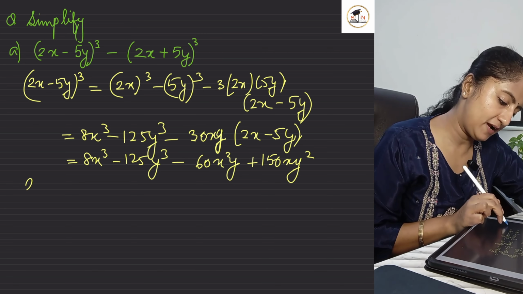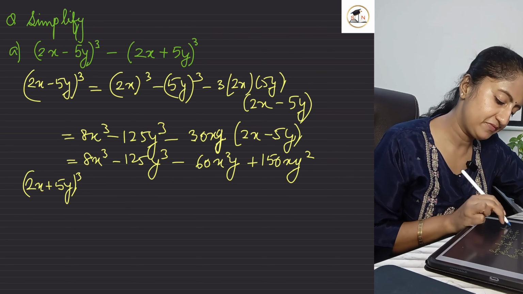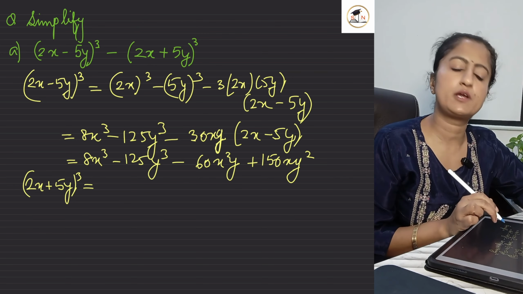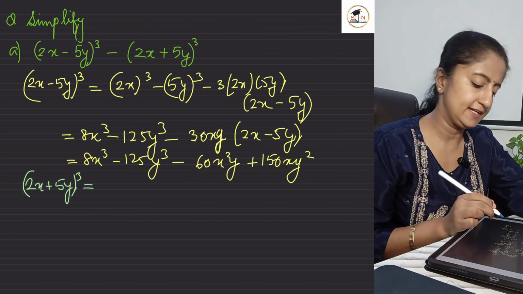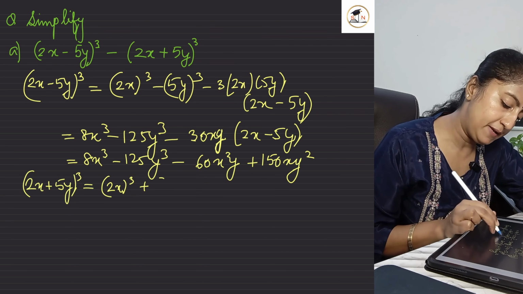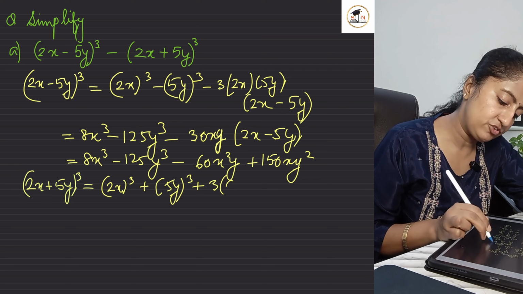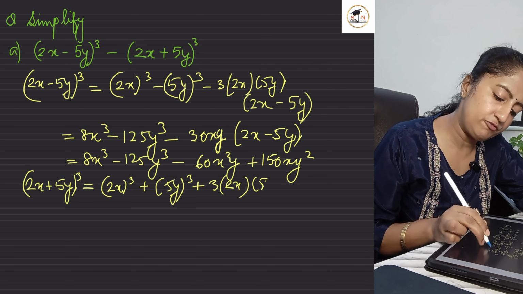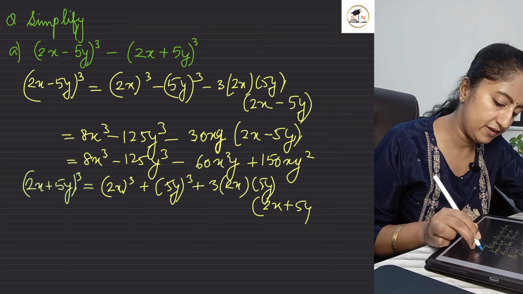So now what do we get? We have to expand 2x plus 5y whole cube also. It is going to be quicker because the terms are the same. The only difference is in the signs. So we can write just 2 steps over here, which is 2x whole cube plus 5y whole cube plus 3 into 2x into 5y into 2x plus 5y.